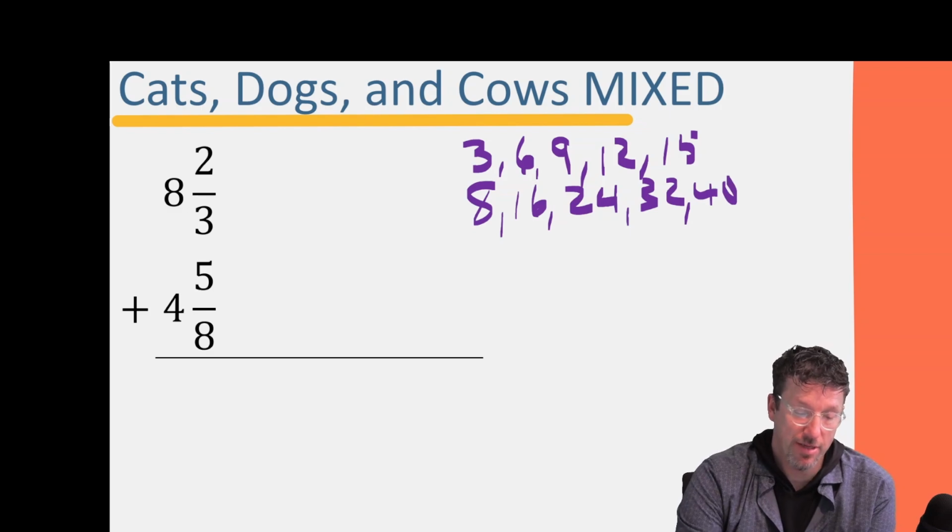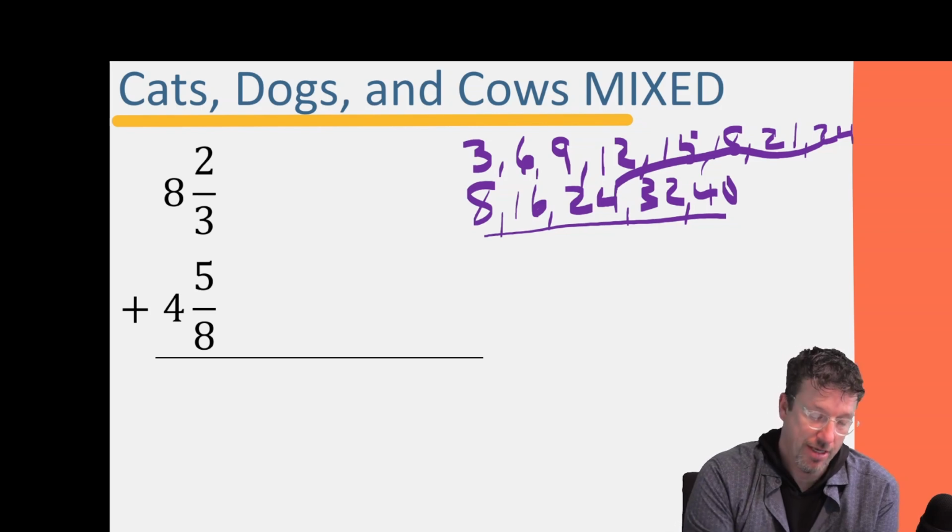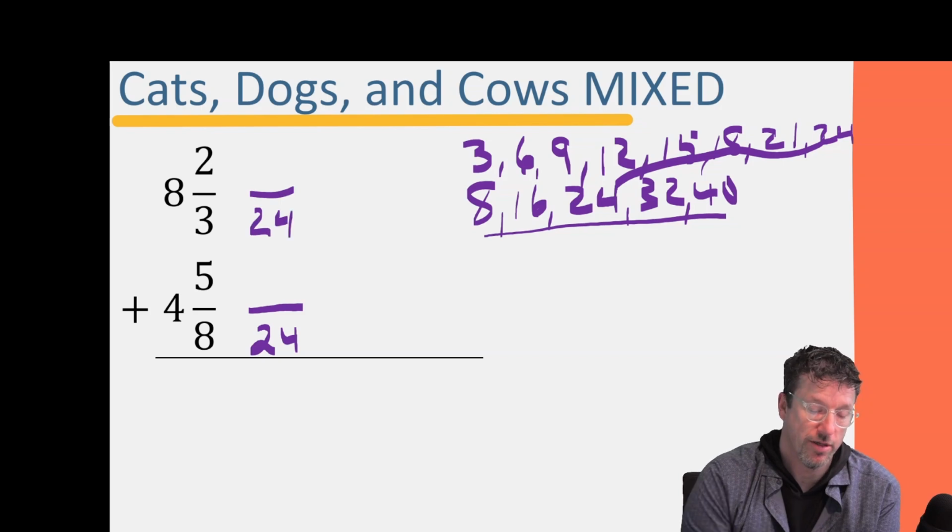So we don't have anything in common yet. So we got to go back to the top and keep counting until we see one of these numbers show up. So we say 18, nope, 21, nope, 24. I see a 24. So that means both of our denominators are going to be 24.